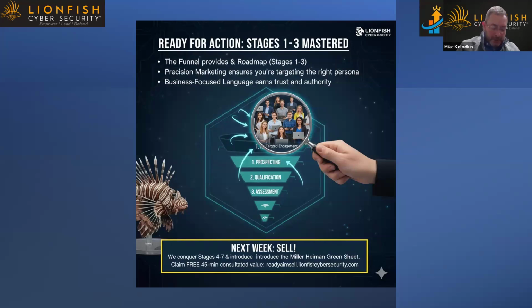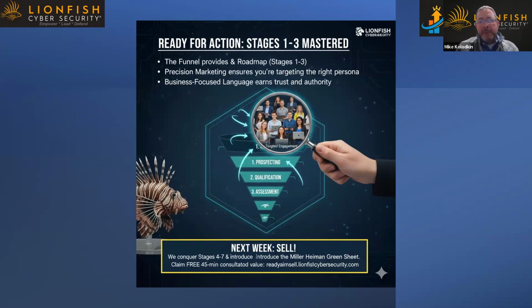So as we start winding down here, we have covered and you have mastered the top three stages. What the funnel provides is the roadmap in stages one, two, and three: identifying, approaching, qualifying, and then getting to the assessment. We looked at some precision marketing and leveraging that to get inbound marketing and also outbound engagement for additional qualifying and prospecting.